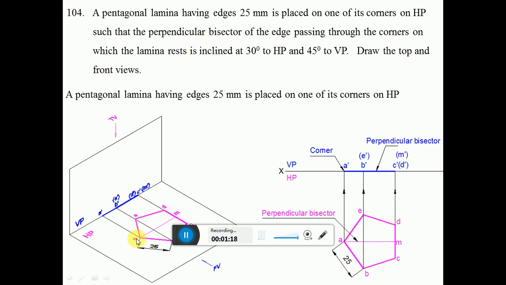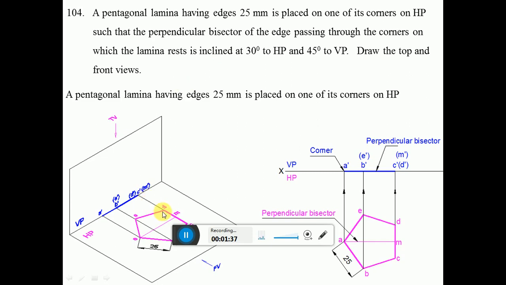For example, if you are considering a pentagon placed on one of its corners on HP, such that one of the edges is perpendicular to VP, whether the corner is resting on HP or the edge resting on HP, in a pentagon you will always get the perpendicular to VP itself.